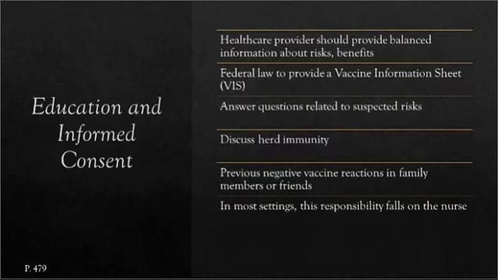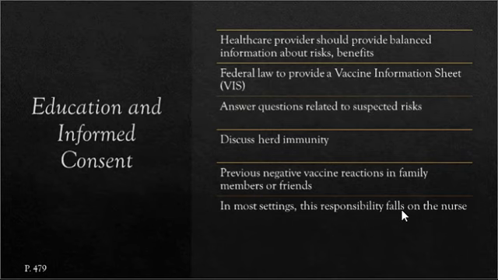It's important to get informed consent and educate. There are these VIS forms, vaccine information sheets, that are given with vaccination. Discuss them about herd immunity, which you should have covered in pathophysiology, I believe, and you'll get more of that in pediatrics.